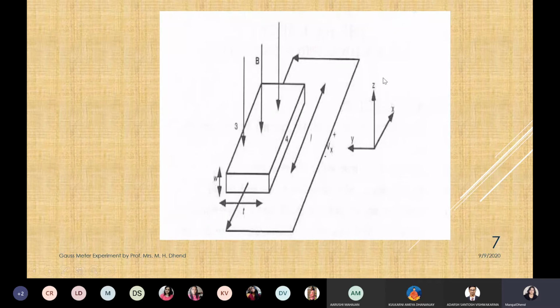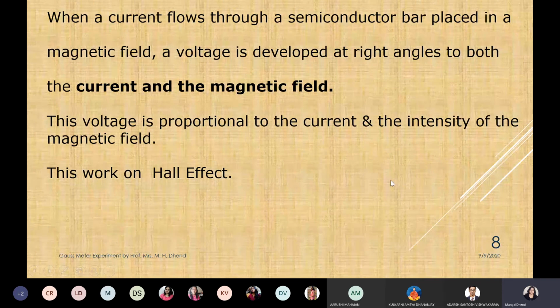VH is measured on the voltmeter, so suppose 100. So 100 is equal to KH, which is 70, into flux density B, which you don't know, and current, which you know because you are measuring the current. So find out B. You will find out B. Okay. So that is the experiment.